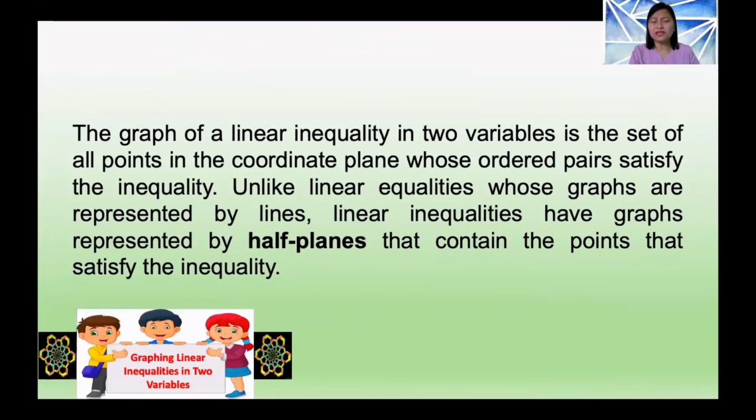The graph of a linear inequality in two variables is a set of all points in the coordinate plane whose ordered pairs satisfy the inequality. Unlike linear equations whose graphs are represented by lines, linear inequalities have graphs represented by half-planes that contain the points that satisfy the inequality.